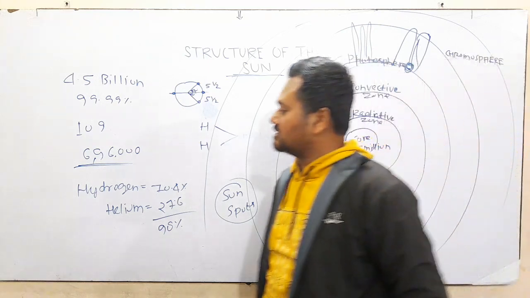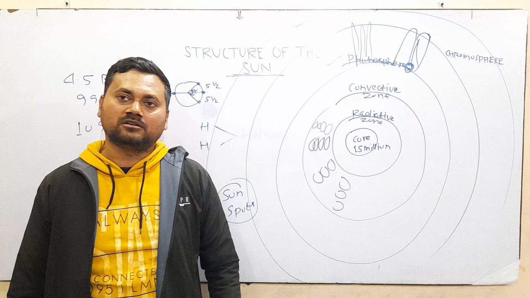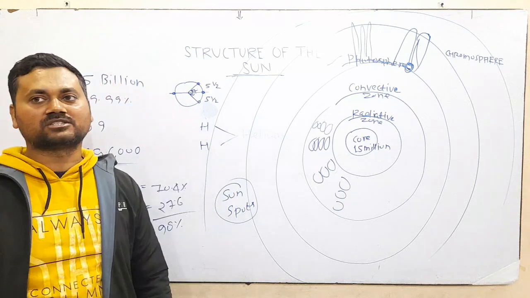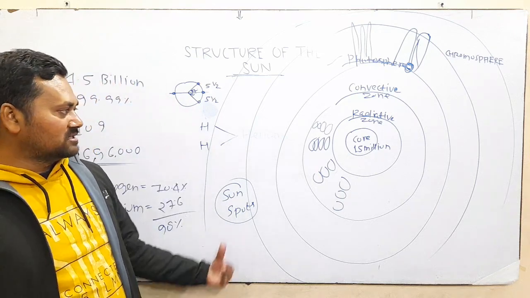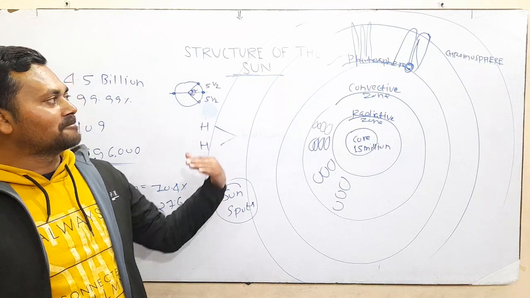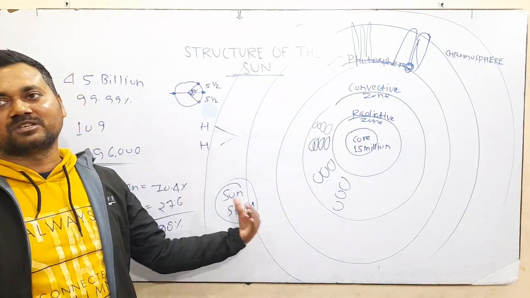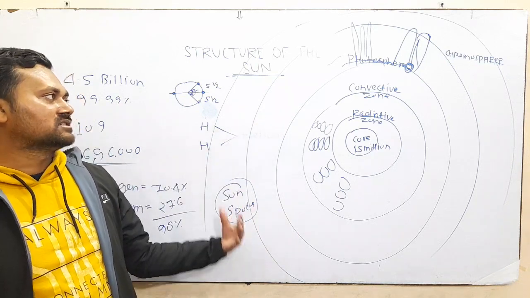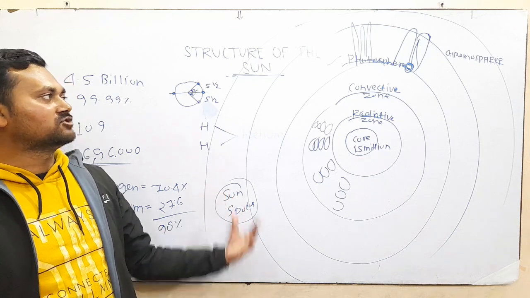So these were some basic informations related to the sun. The technical thing is the structure of the sun, the layers, which we need to keep in mind.